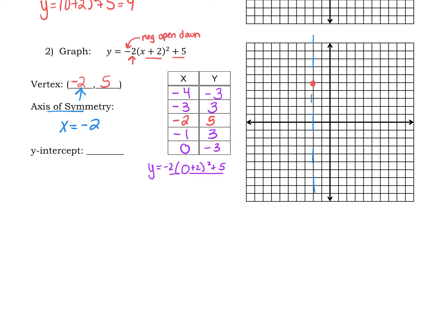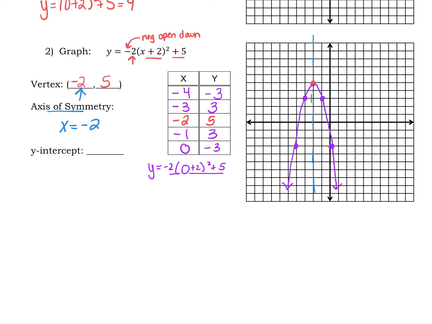So let's plot these points. (-4, -3), (-3, 3). I already plotted the vertex. And if you notice, they're symmetrical about that axis of symmetry. And let's connect our points.